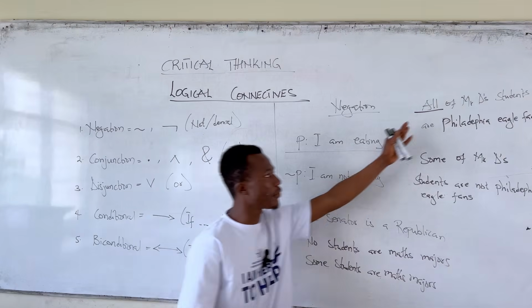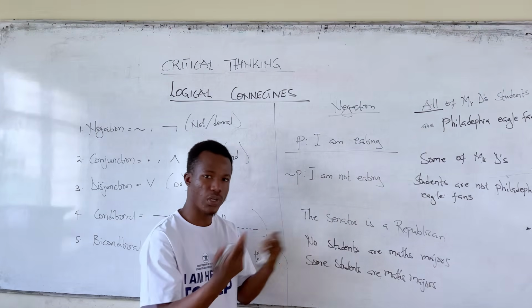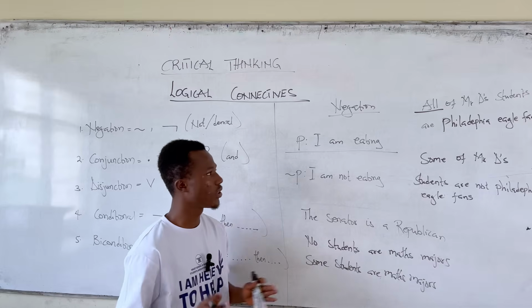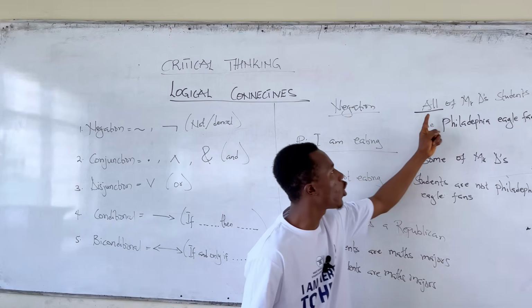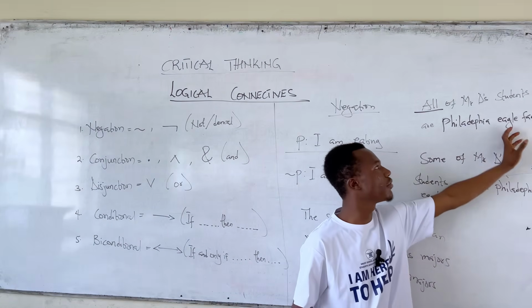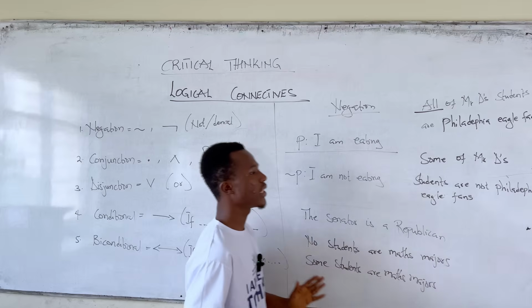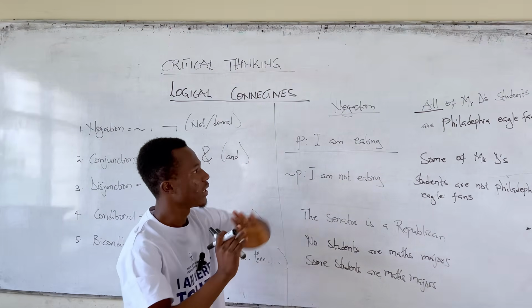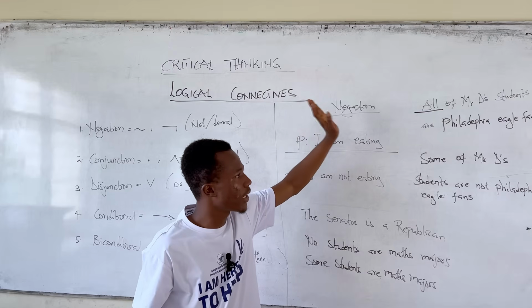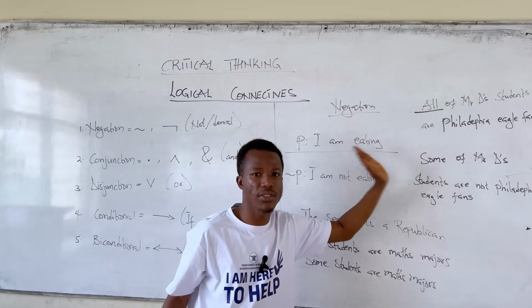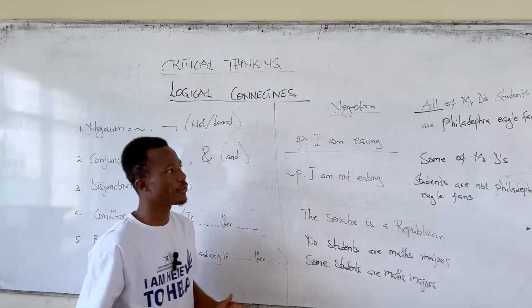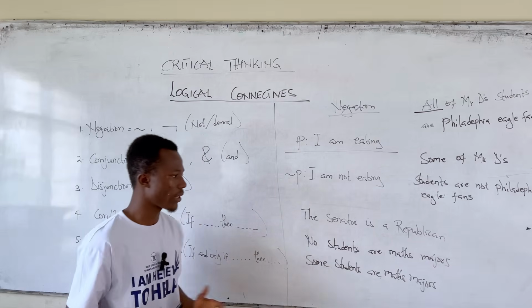So let's take the first one, then the second one, then we analyze the difference between them, so that when you get to the exam, everything will be good. Now, it is saying all of Mr. D students are Philadelphia Eagle fans. This one is saying that all of the students or everyone in the class is part of what? The Philadelphia Eagle fans, right? Or that person is a fan of the Philadelphia Eagle club or something.